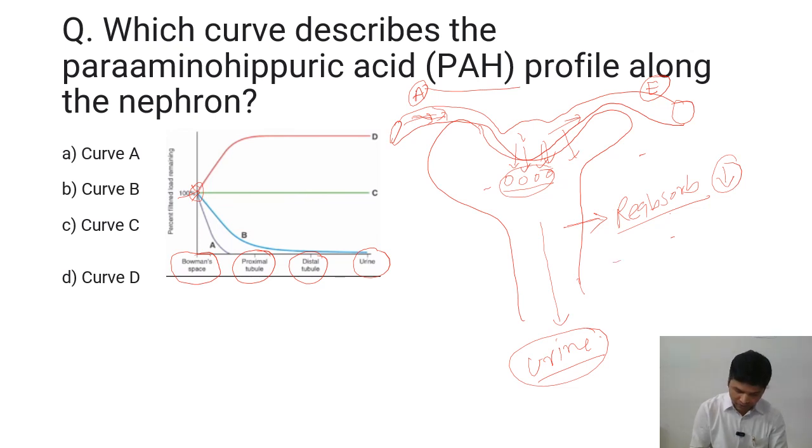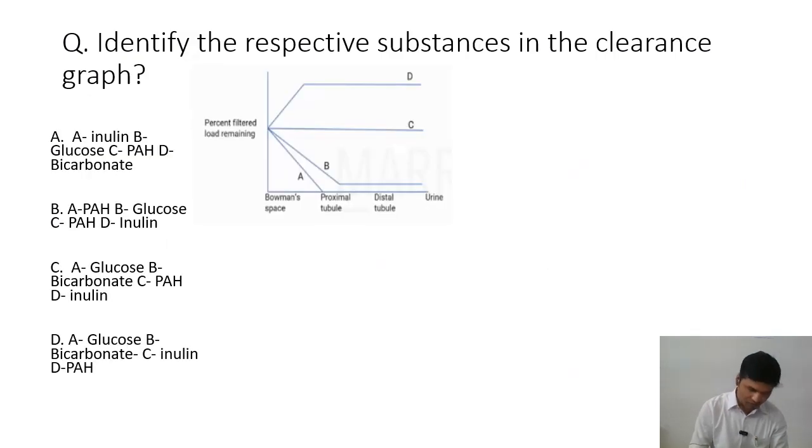If some substance is secreted extra, suppose this is the glomerulus.